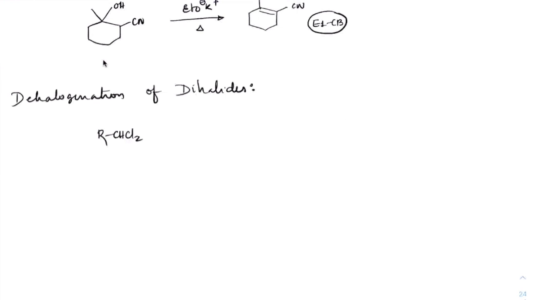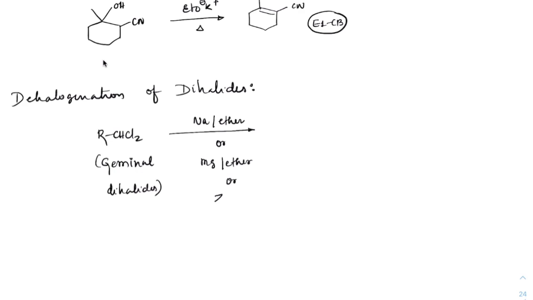RCHCl2. When you have both chlorines on the same carbon, it is called geminal dihalides. You can see these are geminal dihalides. Geminal dihalides in the presence of sodium and ether, or magnesium and ether, or zinc.